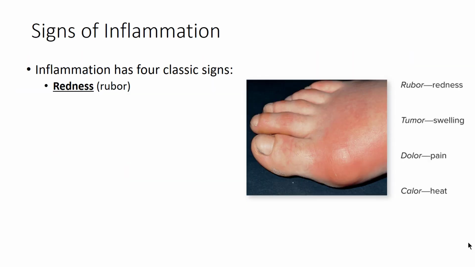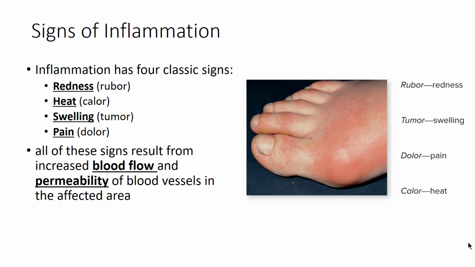So again, inflammation in the context of the innate immune response often manifests in one of four different classical signs, very often all four together. Redness, or from the Latin word rubor, heat or calor, swelling, tumor, and pain, or dolor. These are all mechanisms by which the body is ultimately increasing blood flow and increasing permeability of the blood vessels in that affected area.